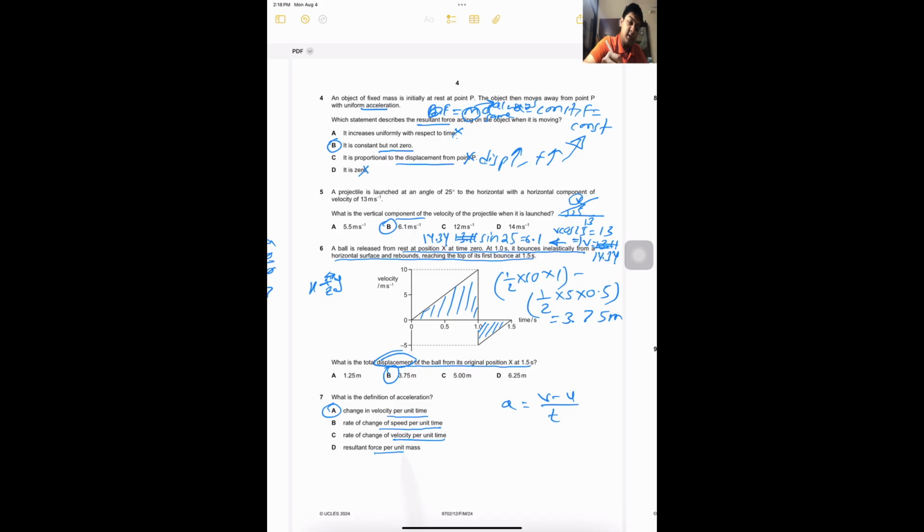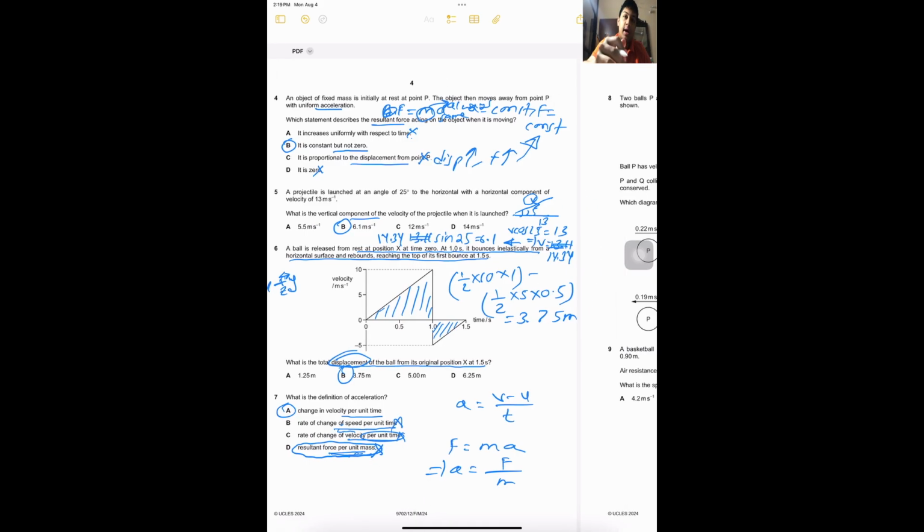It is just the rate of change of velocity. If that's what you want to say, it is the rate of change of velocity, but not the rate of change of velocity per unit time, right? No, resultant force per unit mass. So this is F equal to ma, or acceleration is also equal to F by m, but this is not the basic definition. This is not the basic definition of acceleration. So that's why these two are wrong. Answer is A.